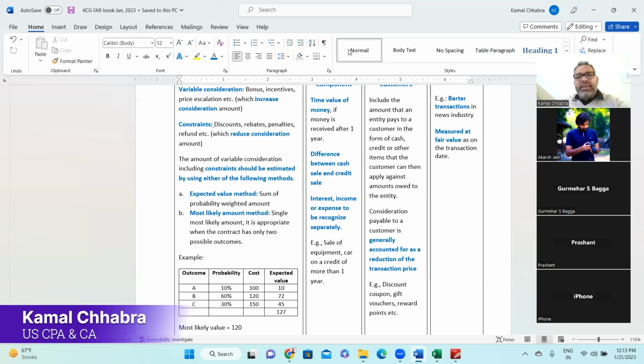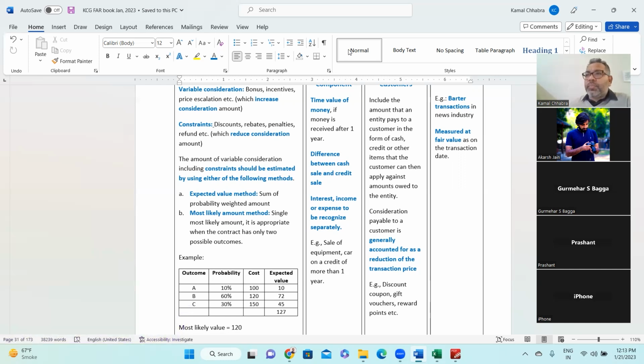The first method is the expected value method. Expected value is basically the probability-weighted amount, right? So if there are more than two probabilities, generally we use the expected value method. But when there is a yes or no, or two possible outcomes, or there are chances of one particular outcome, then we use the most likely amount method, right?